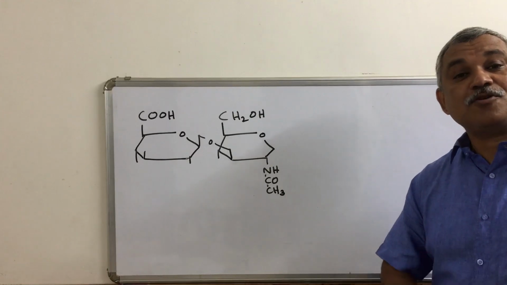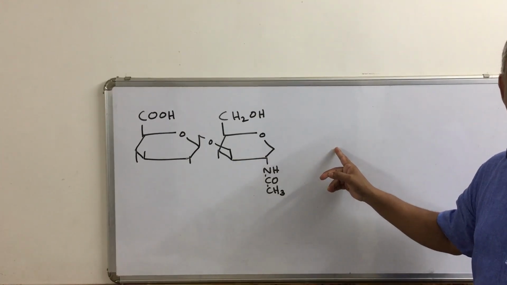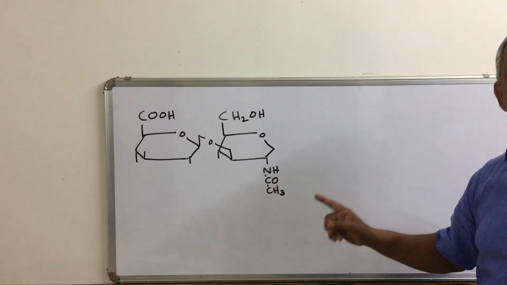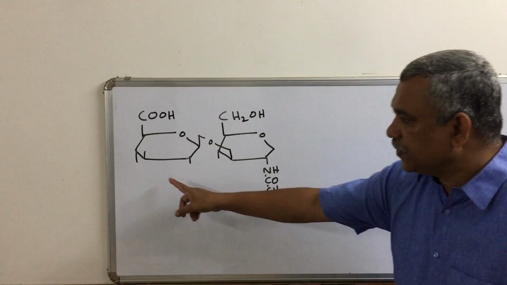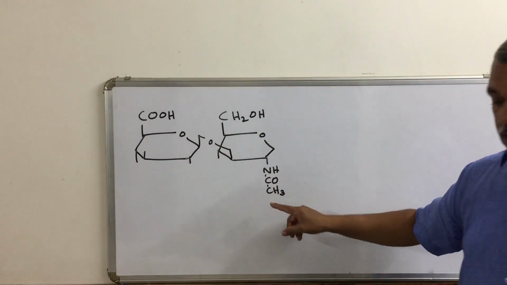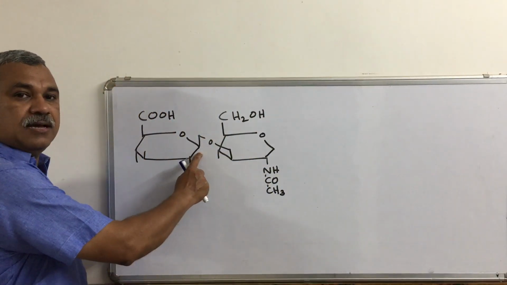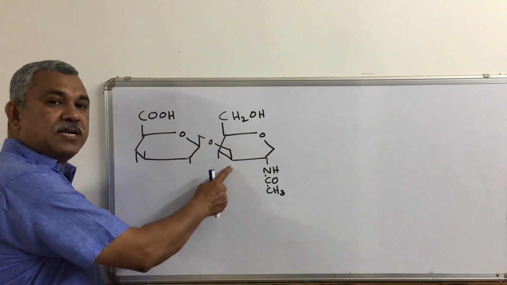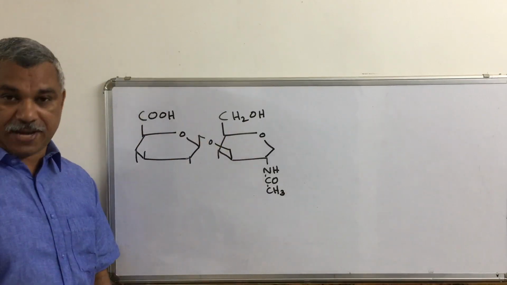The first glycosaminoglycan we are going to look at is hyaluronic acid. As we have seen in the previous table, hyaluronic acid is made up of glucuronic acid with N-acetyl glucosamine. The glucuronic acid is linked from carbon number 1 to carbon number 3 of N-acetyl glucosamine.